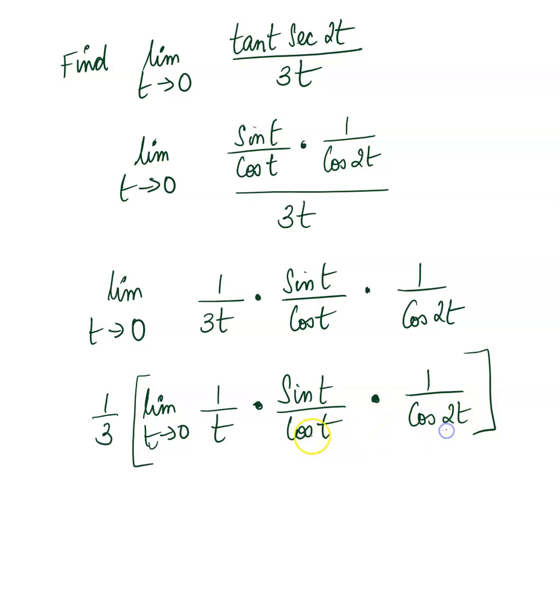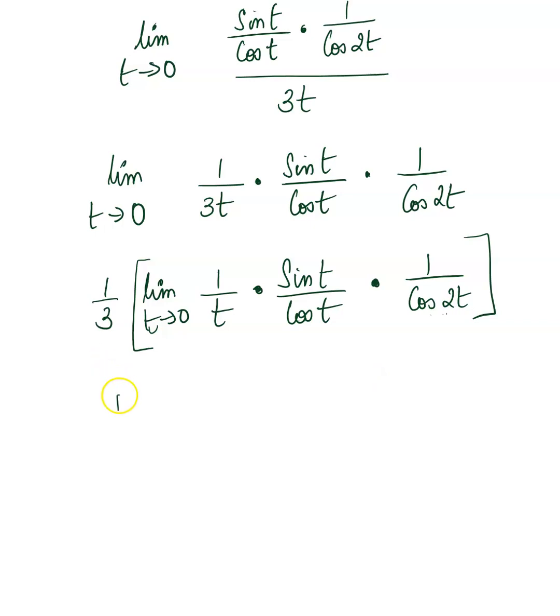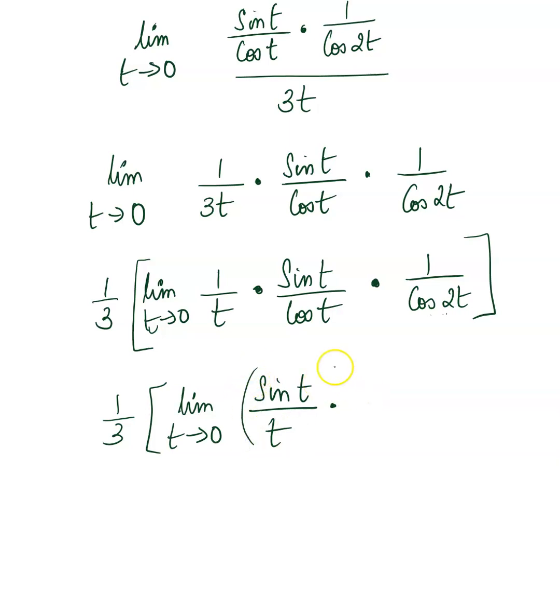So in both these cases, cosine is in the denominator and it turns into a 1. So it's well defined, not a problem. Now we do have sine t and the t. So I'm going to again use algebraic manipulation to rearrange them as sine t over t, times 1 over cosine t times 1 over cosine 2t.